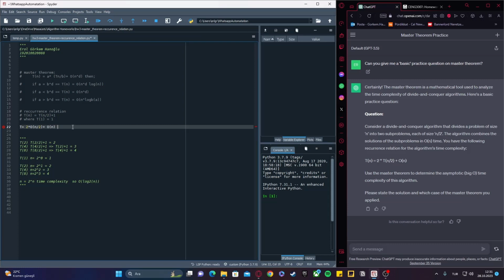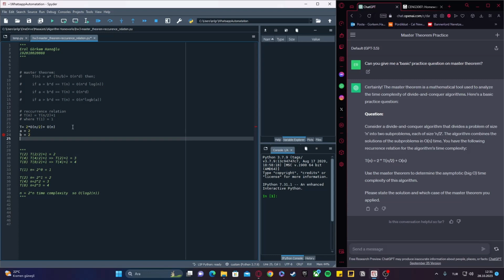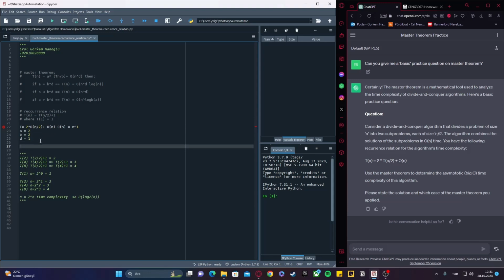Okay, a is equal to 2, b equal to 2, and d equal to 1 here, because the combine cost is n to the power 1. So if we compare a with b to the power d, it equals 2 equals 2 to the power 1.